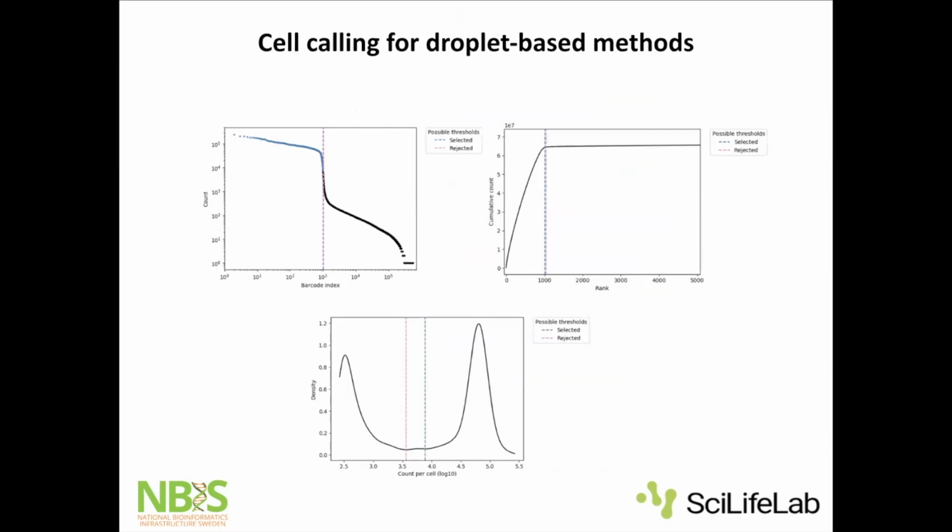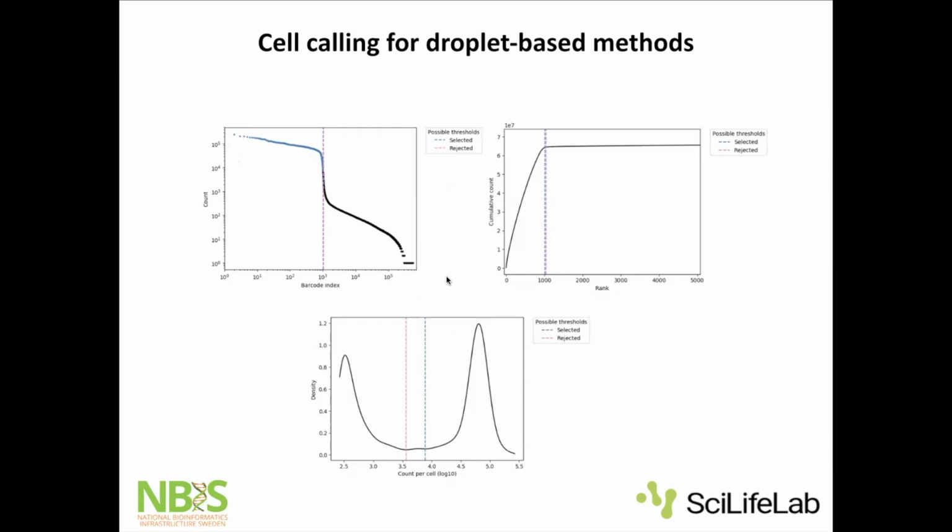When it comes to cell calling, there are multiple different ways. I will talk a bit more about that later. But normally you will see these barcode rank plots in the Cell Ranger output. Basically, you sort all your droplets on the number of UMIs they contain. Up here we have a high number of UMIs, then we have this inflection point here, and then we have the background.